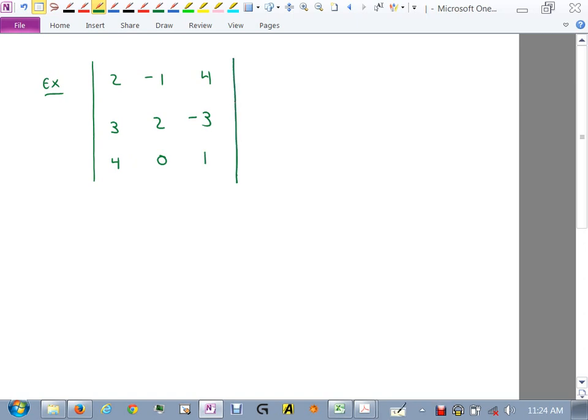Okay, so this is already in notation that we want, right? That's the notation we like. It's got the determinant already there, so I'm asking, what's the determinant of that 3 by 3 matrix? I didn't necessarily have to put in the matrix notation to tell you it's a matrix. It's kind of implied, all right?